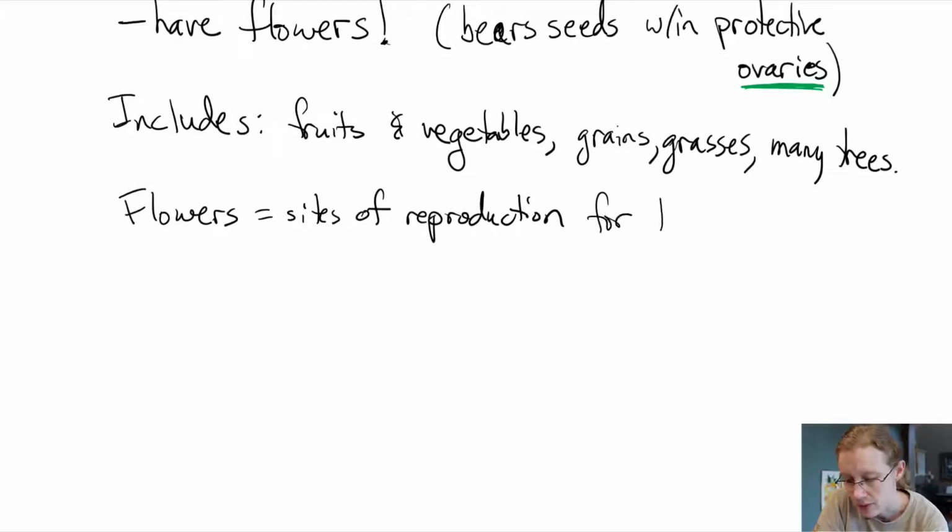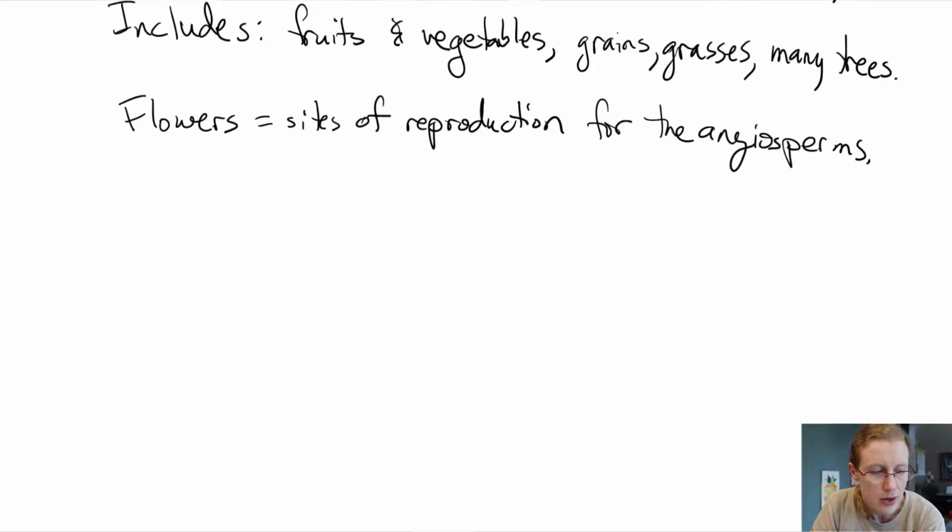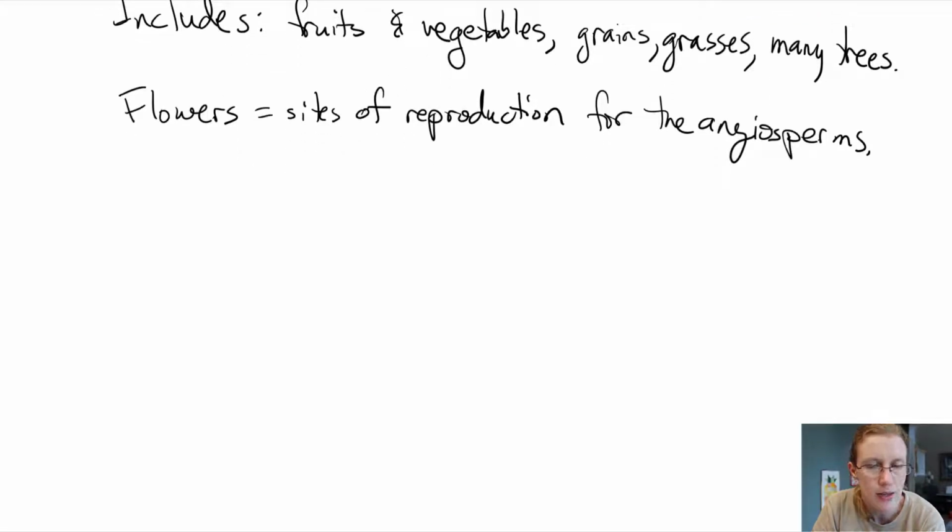And all flowers have a few key things in common. Of course, the petals come in a lot of varieties, different shapes and colors, but the structure that the petals are wrapped around, what's on the inside of the flower, has quite a bit of consistency from one flower to the next.